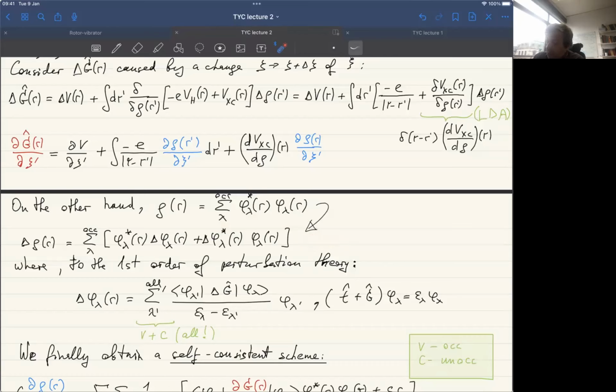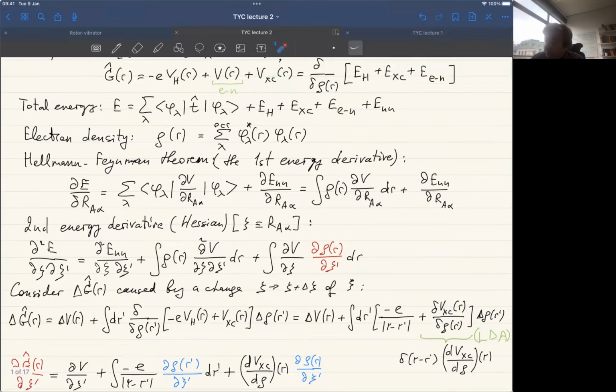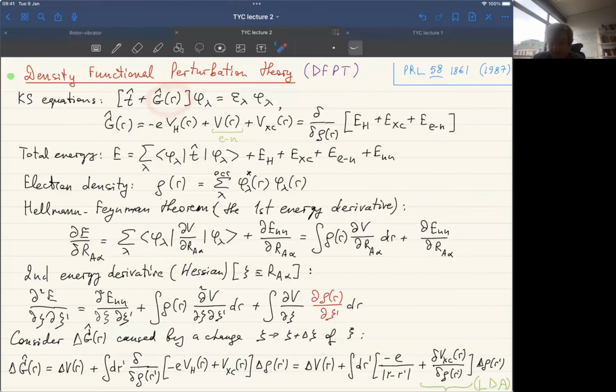So it would be orbital times orbital change, and then the second term, which is the complex conjugate of the first. So the change of electronic density is related to the change of each orbital, and the change of each orbital is due to the fact that this Kohn-Sham potential actually changes by this quantity delta G.